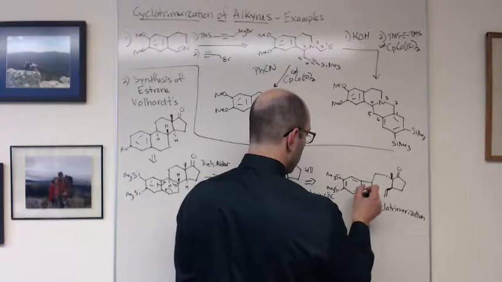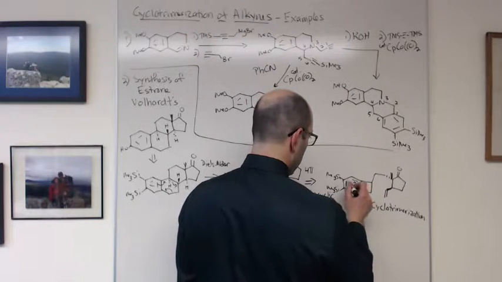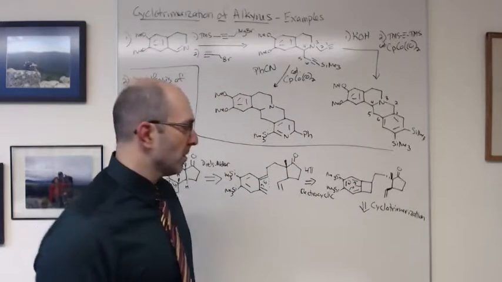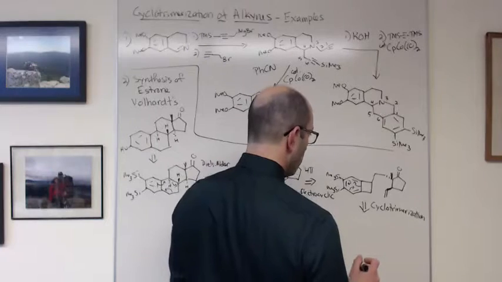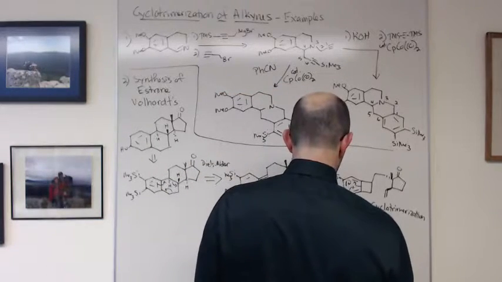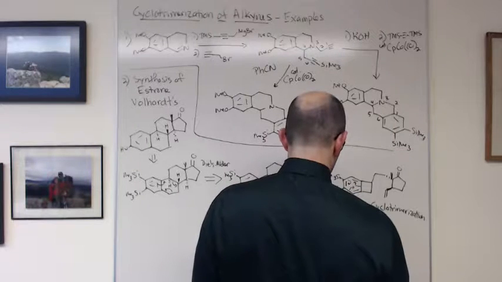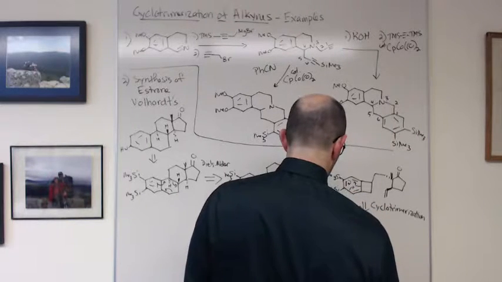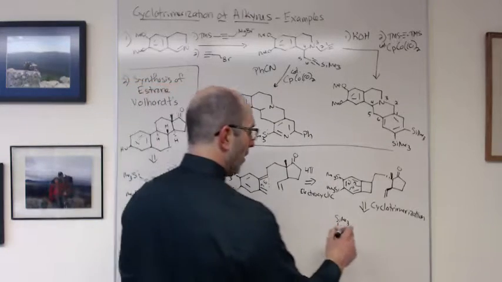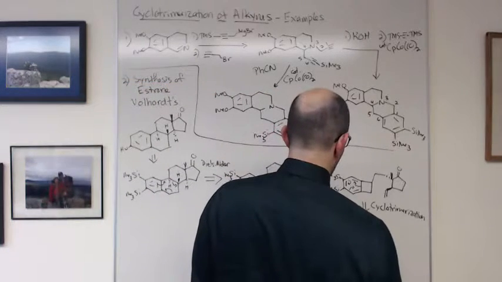we can imagine that disconnection. And so then what does that look like for us? We end up with that alkyne, and then the other piece is a diene.